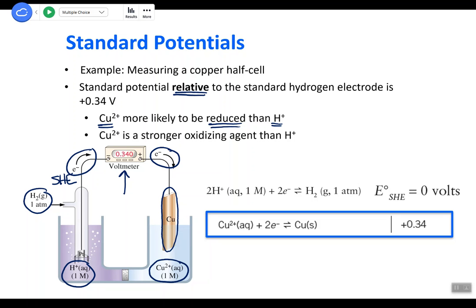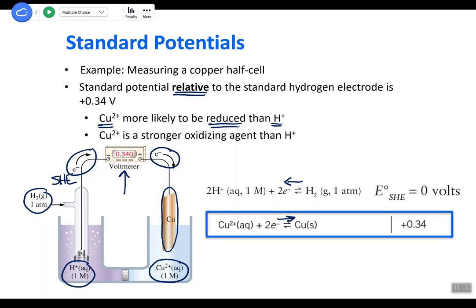H+ could have been reduced. Copper 2+ could have been reduced. One of them is going to be reduced when we set this up. With copper, it just so happens that copper 2+ will be reduced, which means the hydrogen is oxidized.